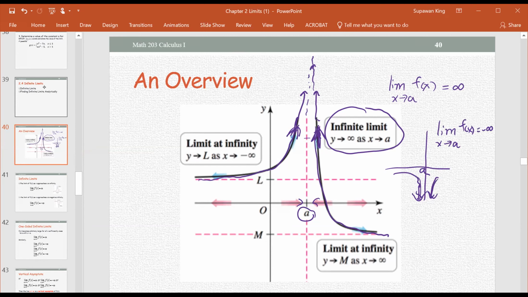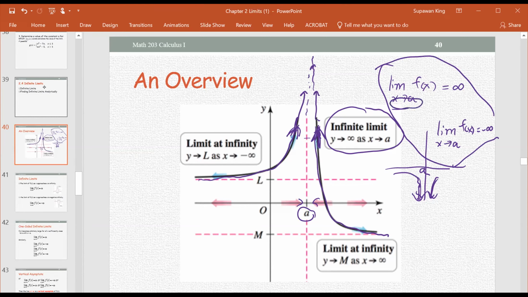So it depends on the direction of the function, either go all the way up or all the way down. Use the plus or minus sign to tell the direction. Okay, either positive infinity or negative infinity. So this is going to be the case that we're going to look at for this section. Okay, could be negative infinity or positive infinity.